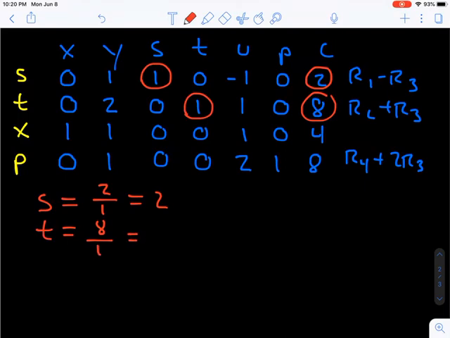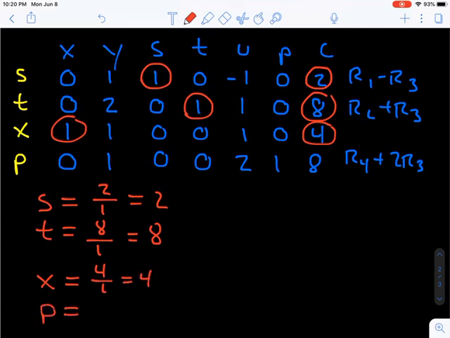These will not always be ones. Then X, so we have 4 divided by 1, which is 4. And then finally, P, which is 8 divided by 1, which is 8. Everything else will be a 0.